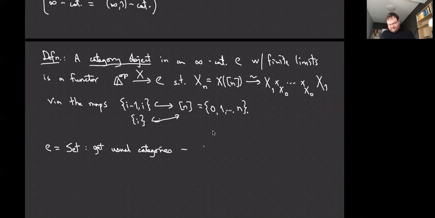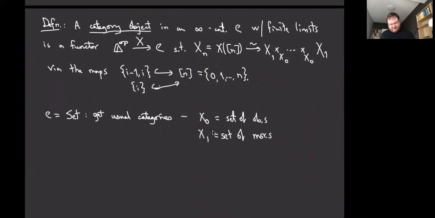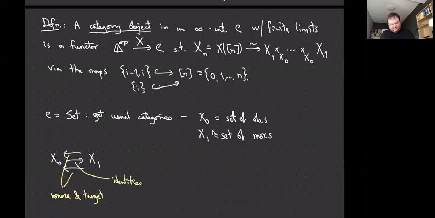I think of x0 as the set of objects in a category, x1 as the set of morphisms, and then between x0 and x1, I have maps like this, where these maps give me the source and target of maps, the maps that assign a morphism to its source and target, and then this section is the one that assigns identity maps to each object.